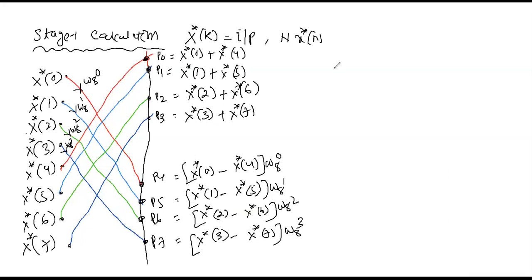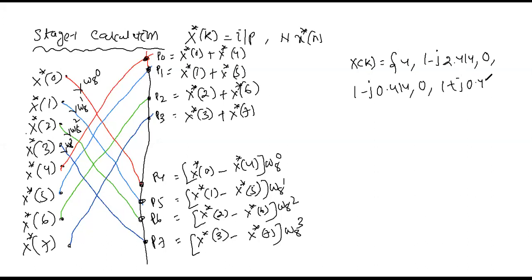The sequence is x of k equals 4, 1 minus j 2.414, 0, 1 minus j 0.414, 0, 1 plus j 0.414, 0, 1 plus j 2.414.